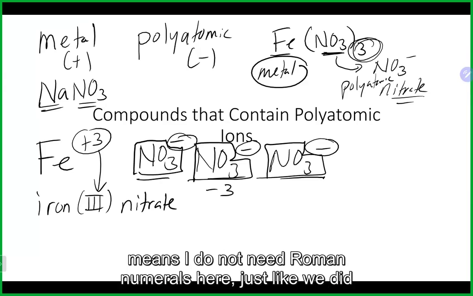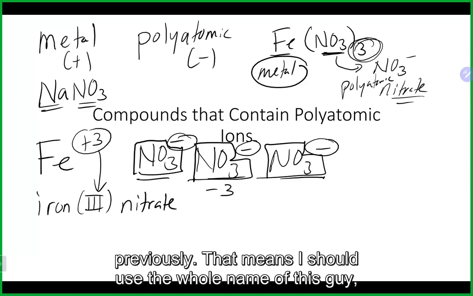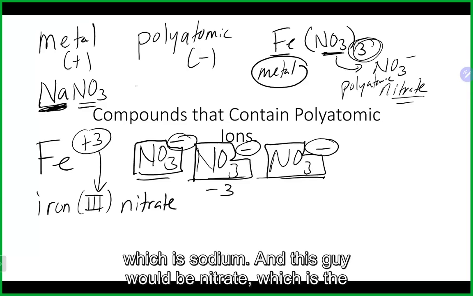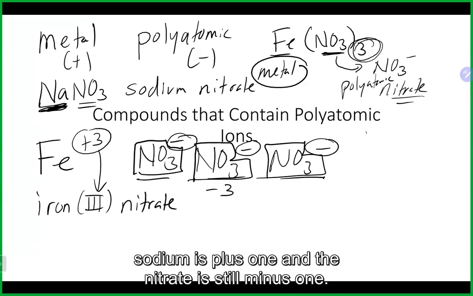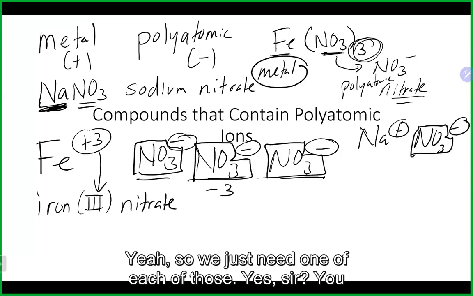That means I do not need Roman numerals here, just like we did previously. That means I should use the whole name of this guy, which is sodium. And this guy would be nitrate, which is the polyatomic ion name. Again, the formula is like that because sodium is +1 and the nitrate is still -1. So we just need 1 of each of those.